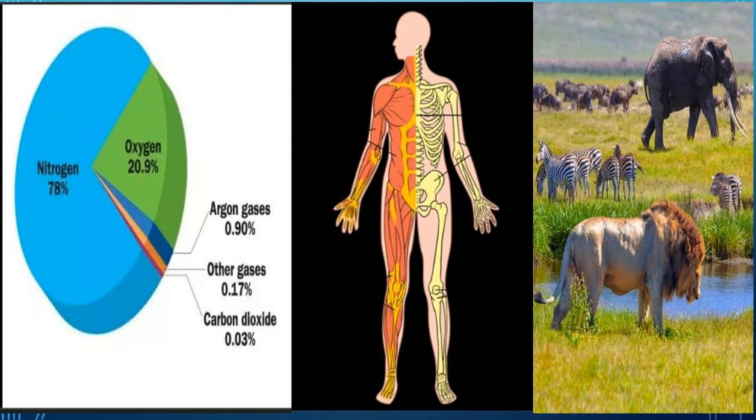Carbon is present in our muscles, bones, organs, blood, and other components of living matter. A large number of things which we use in our daily life are made up of carbon compounds. So, without carbon, there is no possibility for the existence of plants and animals, including humans.